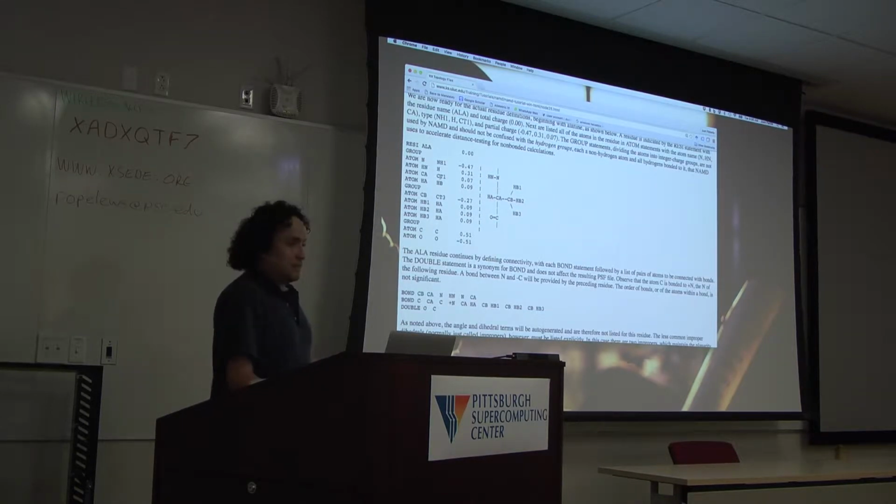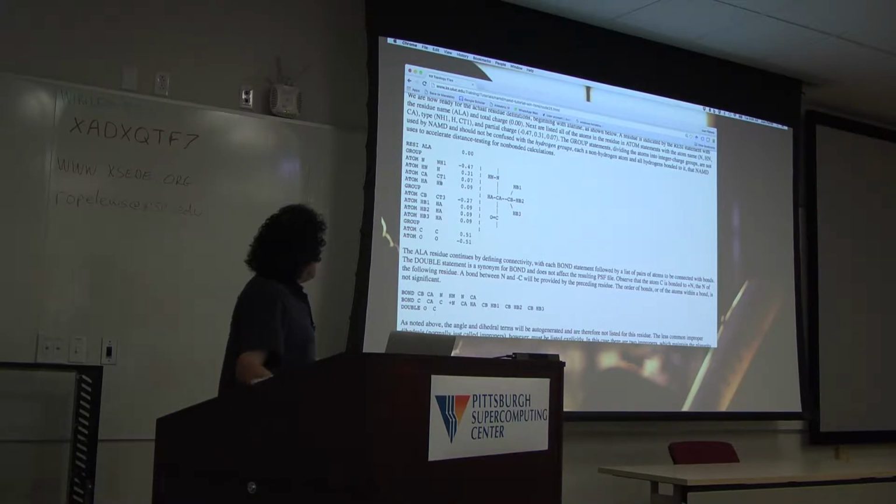We can skip this. Let's look at an entry for a residue. Once you have defined the atoms in the mass section, you can start defining a residue. If you look at this number here, it is the total charge of a particular residue.